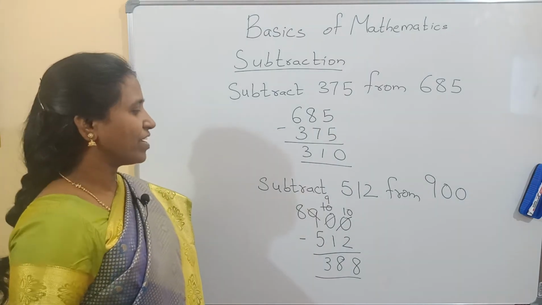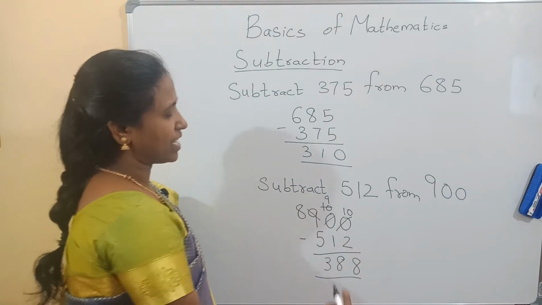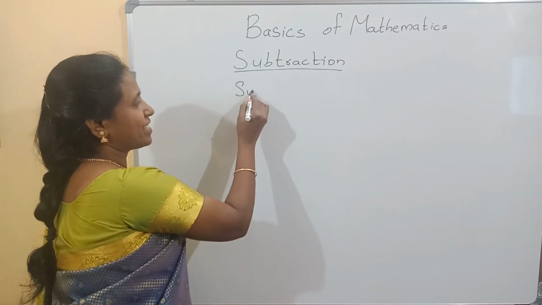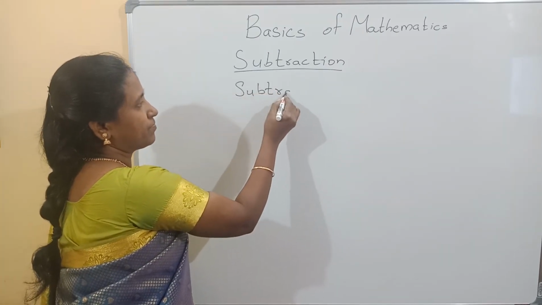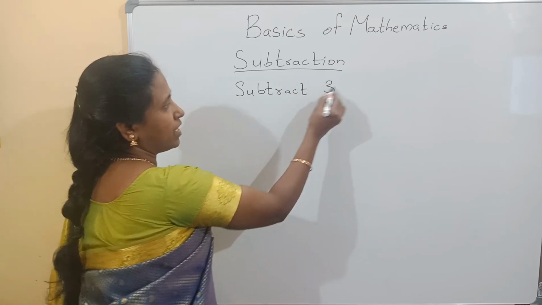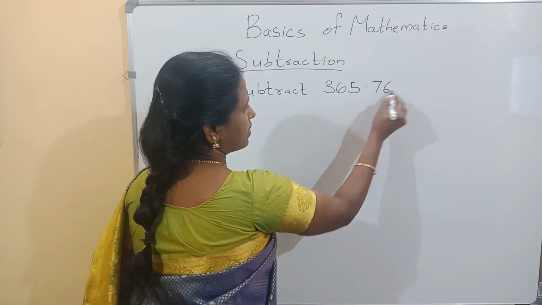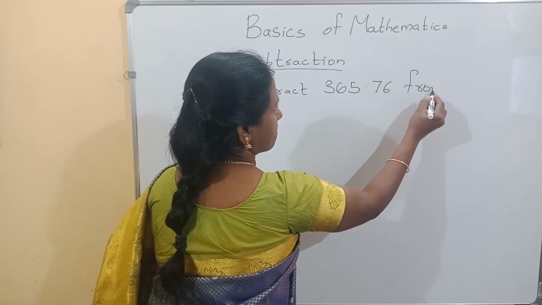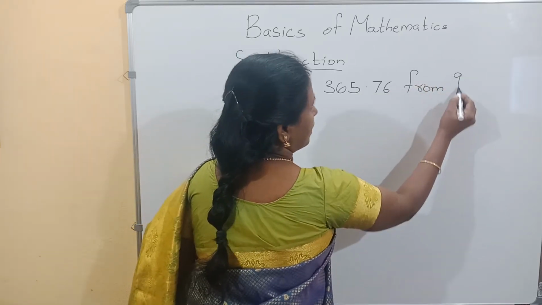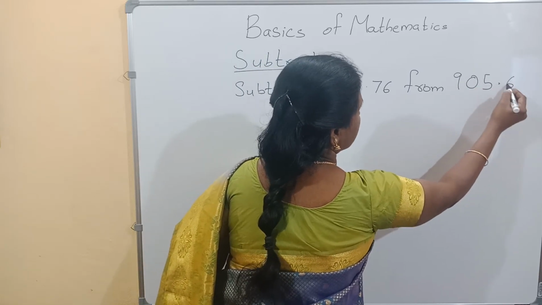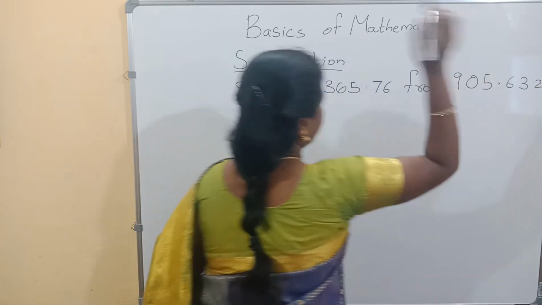Yes? Now, we go on with the decimals. Can we go with the decimals? If it is given this way: subtract 365.76 from 905.632.